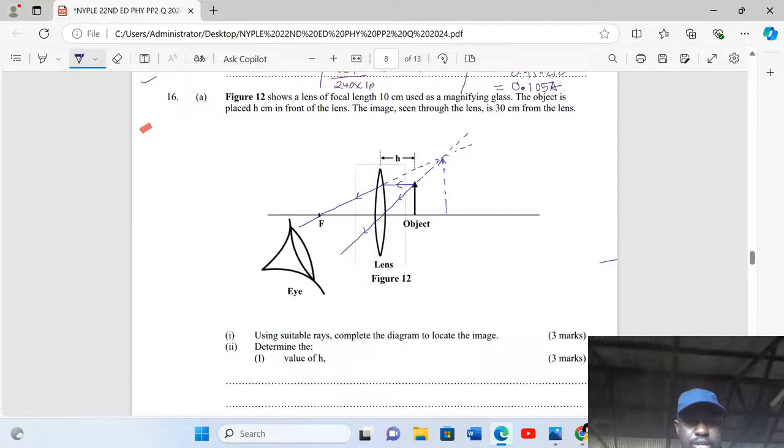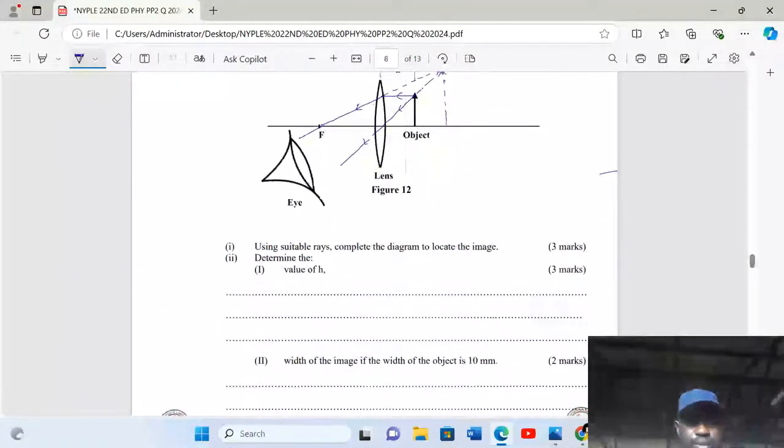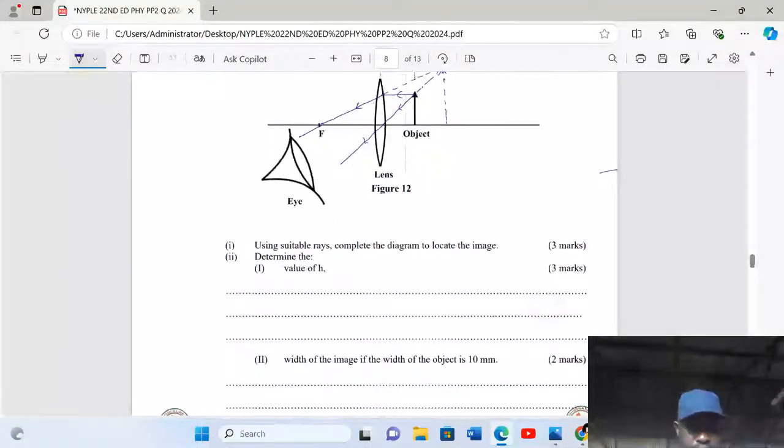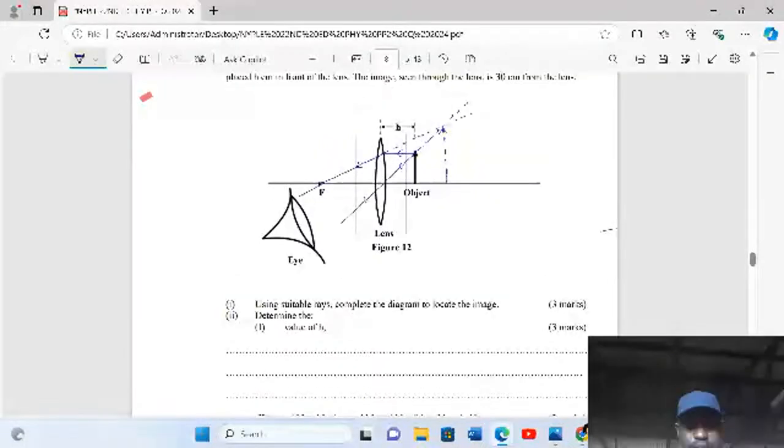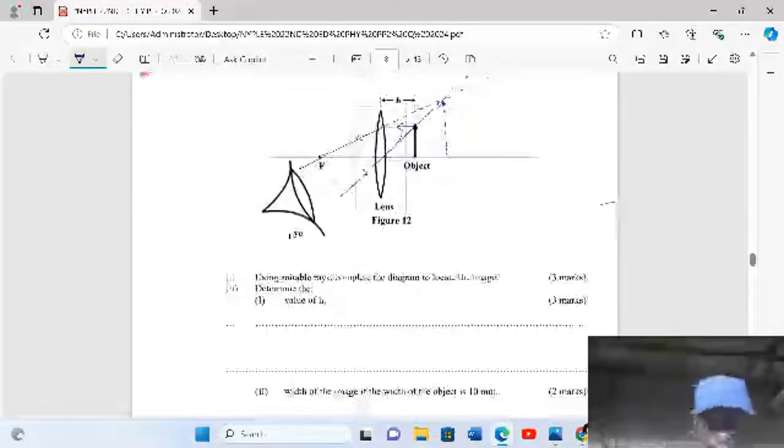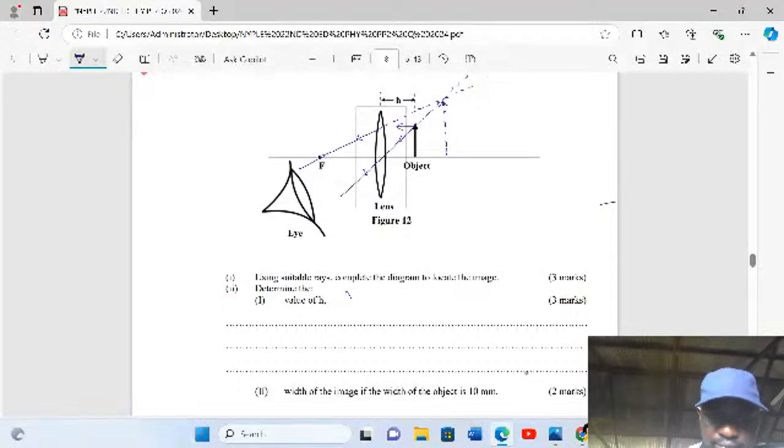You are now told in Roman 2, part 1, determine the value of H. You need to understand that since you have formed a virtual image, our V here is not 30 but negative 30 centimeters.